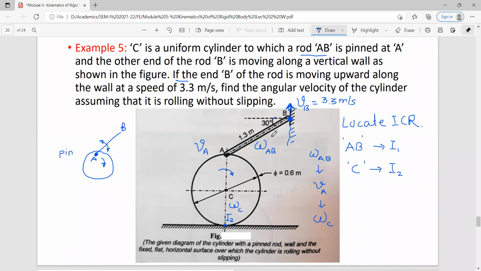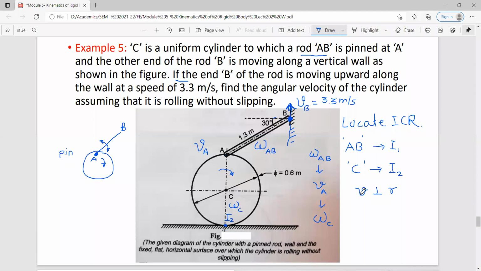Okay, so I will explain it. We know this concept that velocity is perpendicular to radius. And you know that velocity has a certain direction.